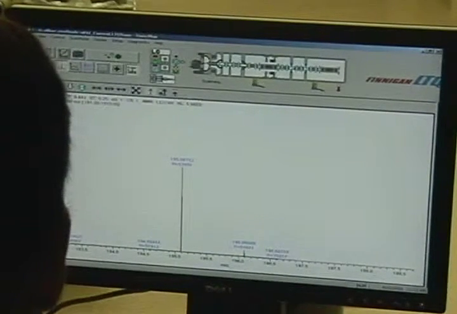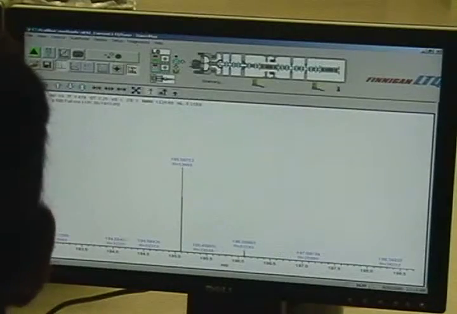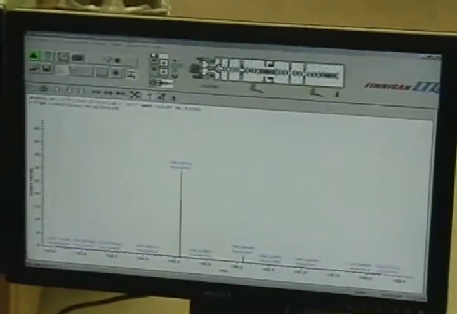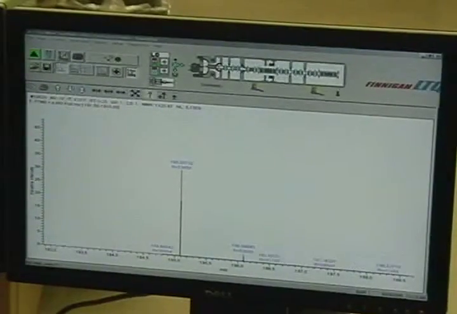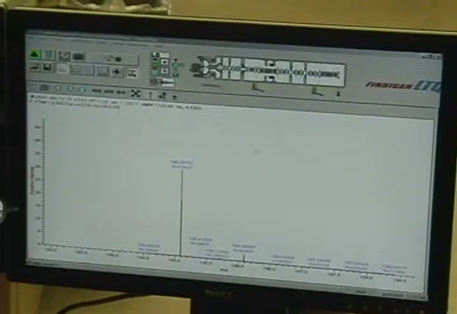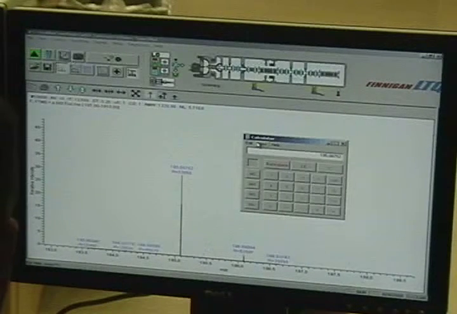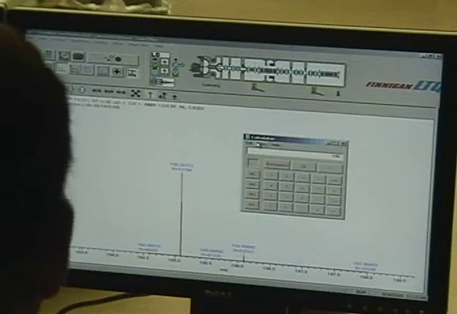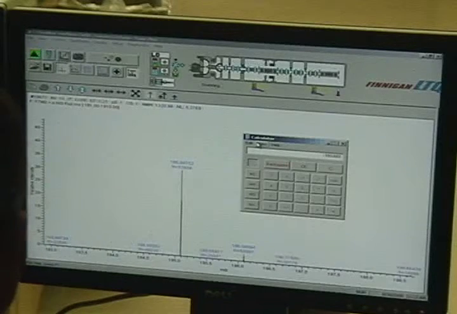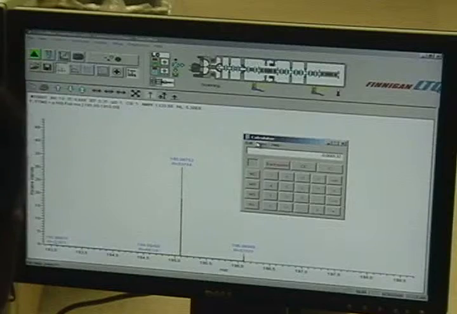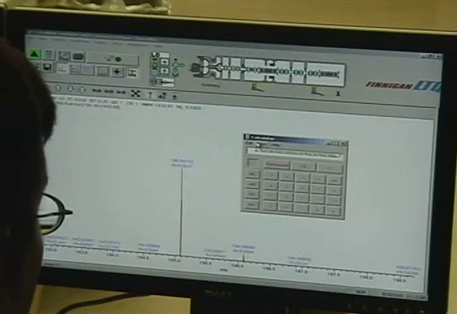Now we are back to, I might have dumped the calc, I think. Divided by 195.